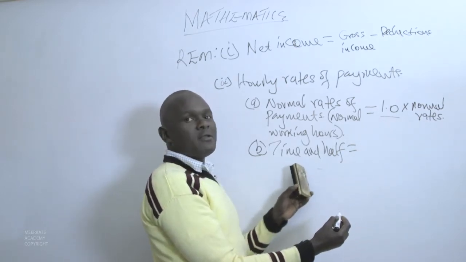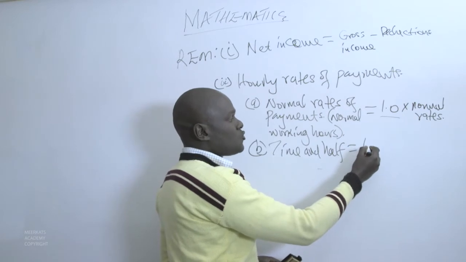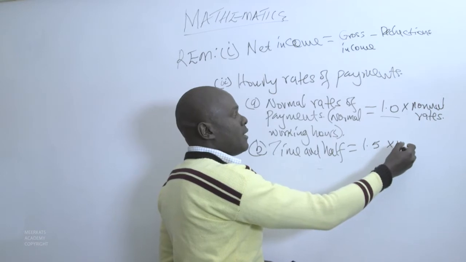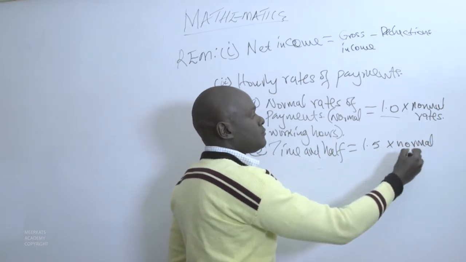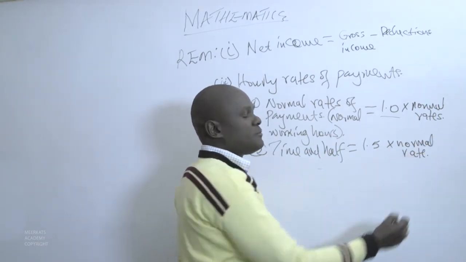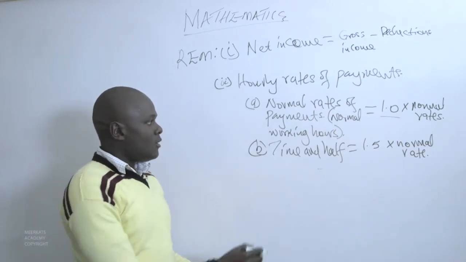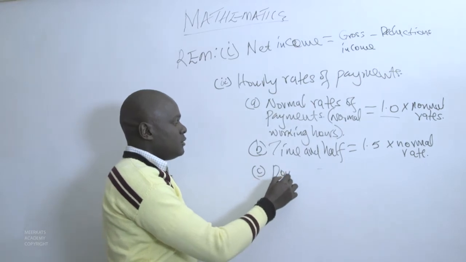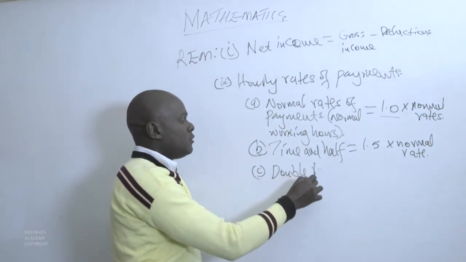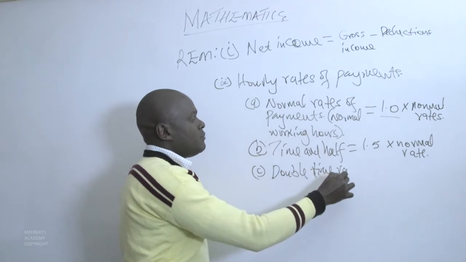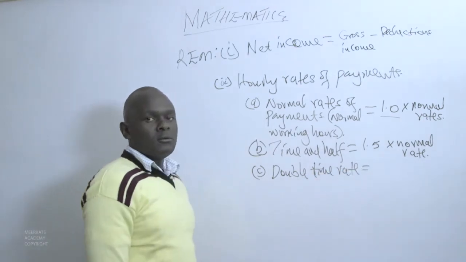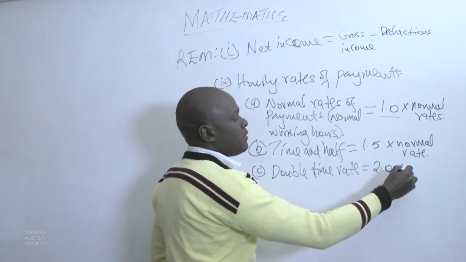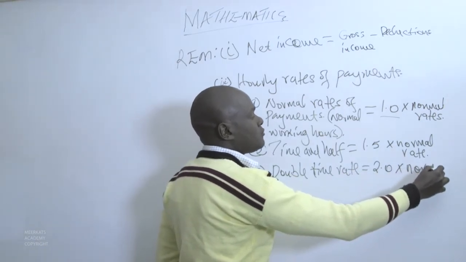So the rate changes to 1.5 multiplied by the normal rate. And lastly, we had the double time rate. This is where our factor did change to double, that is 2 multiplied by the normal rates.